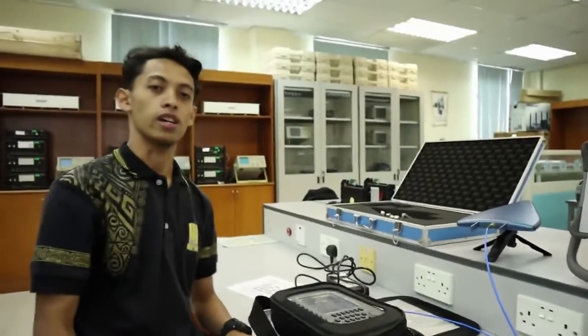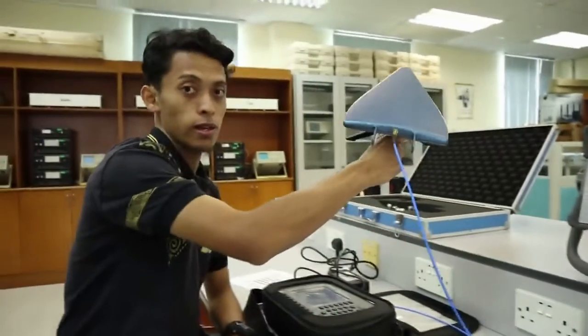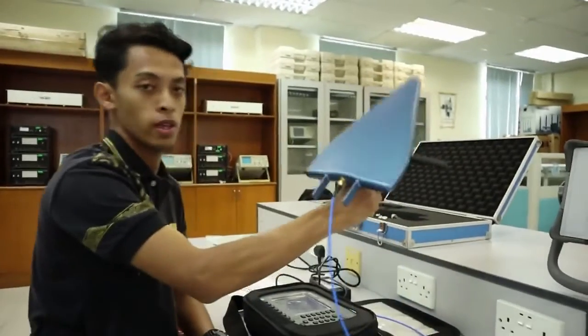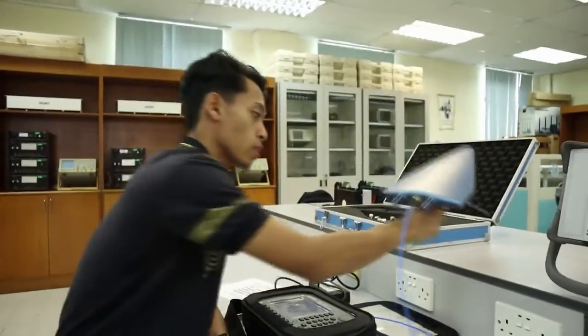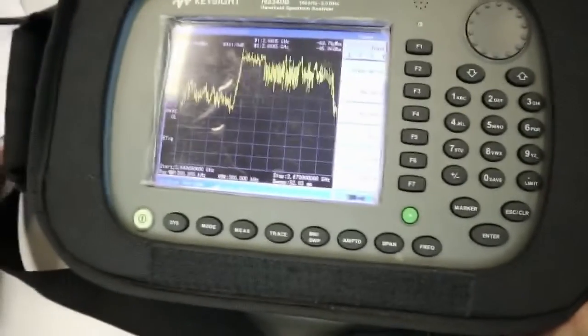Okay, to find the base station and the location of the base station, we need to use the directional antenna, the Hyperlot directional antenna. So for 4G Celcom, the range is between 2650 and 2660.